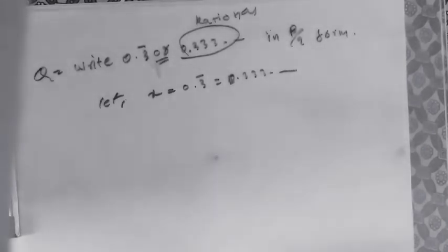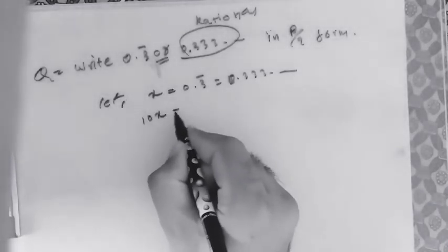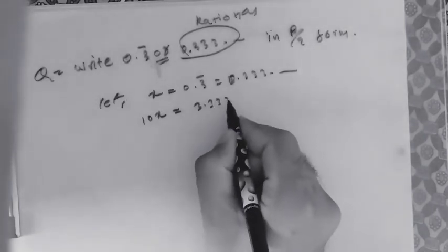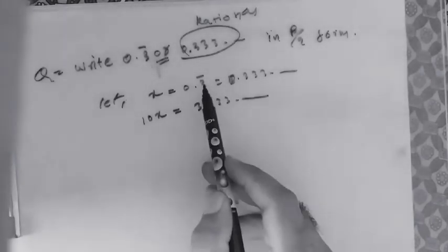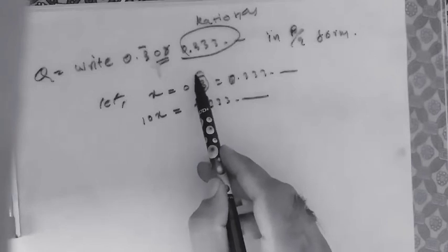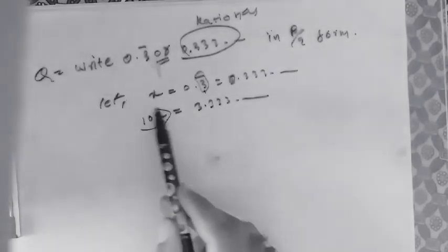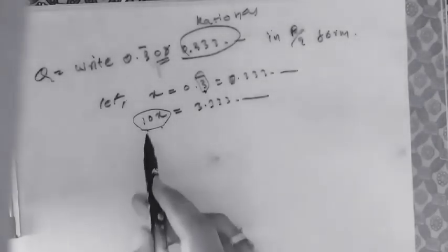Now we multiply both sides by 10, so 10x is equal to 3.333 continuing. In this method, we check how many digits are repeating. Here one digit is repeating, so we take 10x. If 2 digits are repeating, then we take 100. If 3 digits, then 1000, and so on.